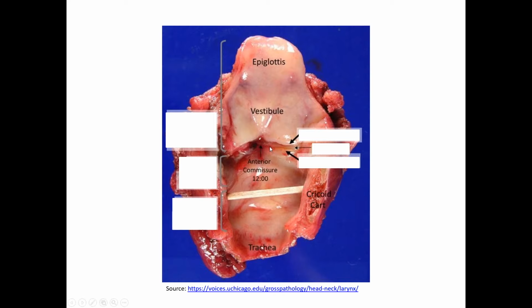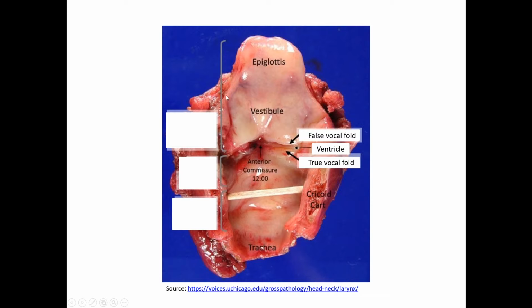Yep, the true vocal fold, and in between them, the space between the two vocal folds is this is known as the ventricle.